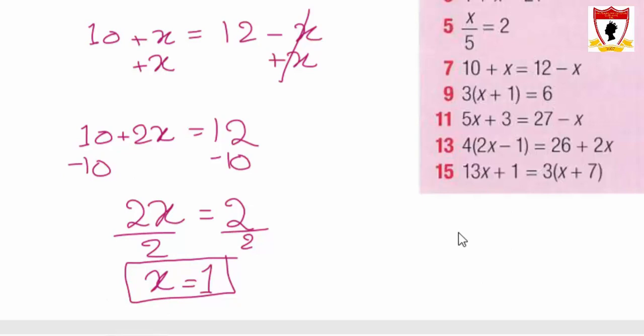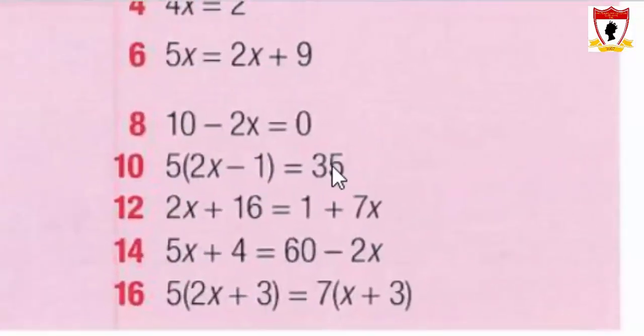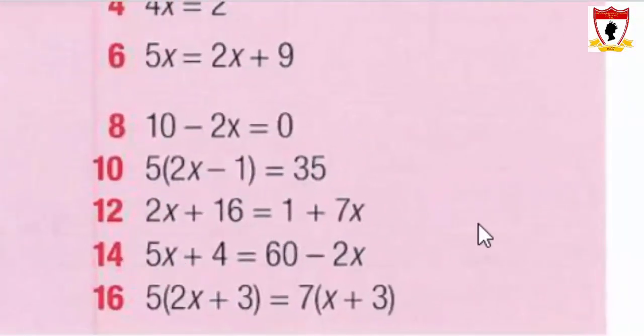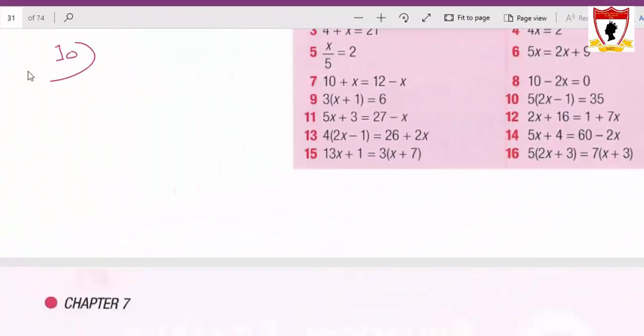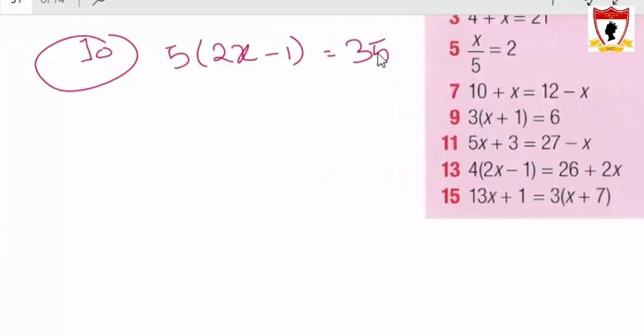Question 10. In question 10 there are brackets, so the first thing you're going to do is expand the brackets. 5 times 2x minus 1 is equal to 35.